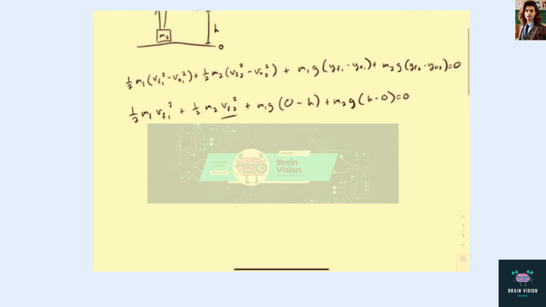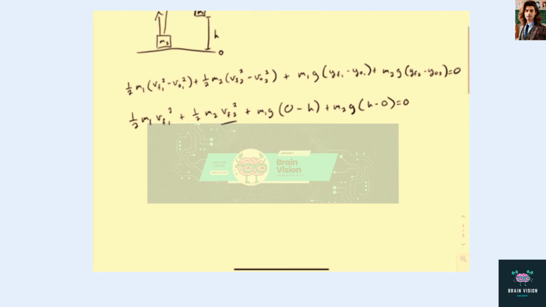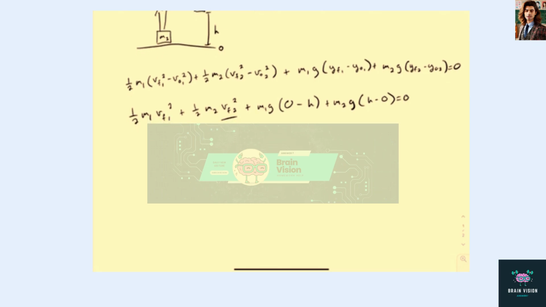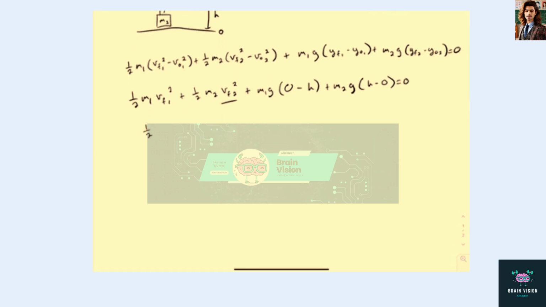Now, the speed of both blocks is always going to be the same. They're connected, right? So vf1 squared and vf2 squared are the same thing, so I can just call that vf squared. And now, this is going to be minus m1gh, and then plus m2gh.